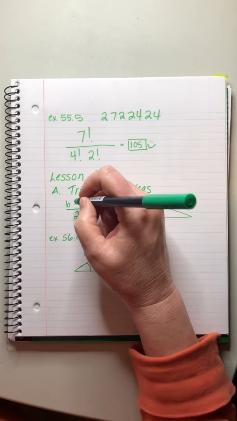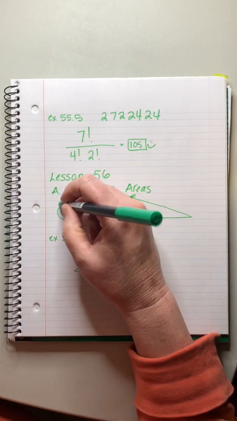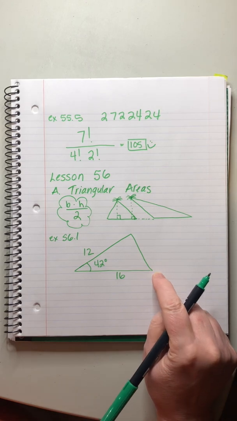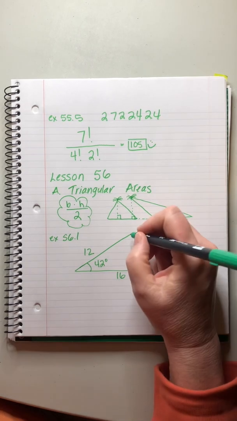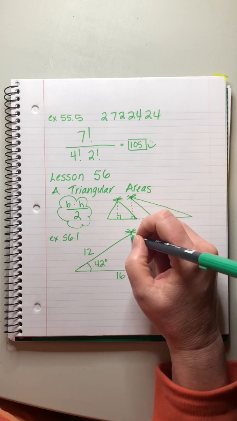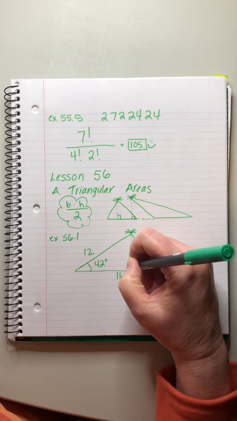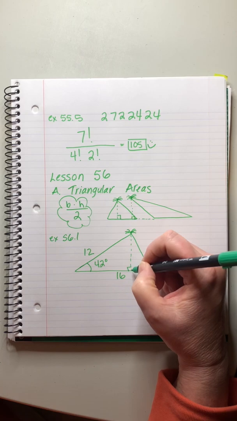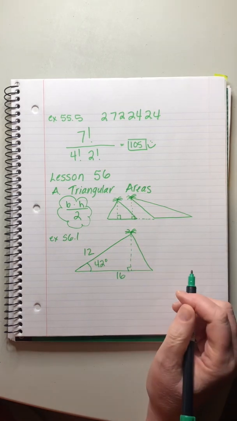We go, okay, base times height divided by 2. We've got the base, but we don't have the height. So we send our spider up. I don't know why, you guys, I just have to have that spider up there. What we need to find is this measurement. Then we can do base times height, right?